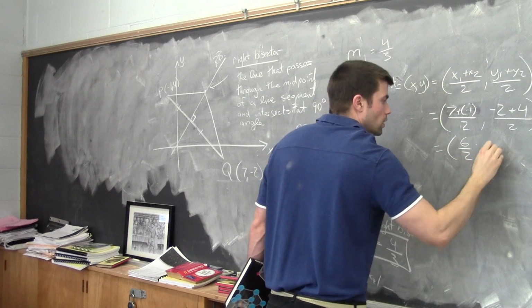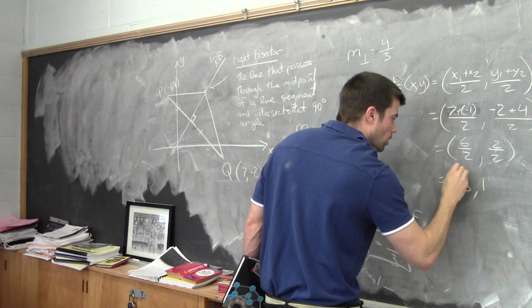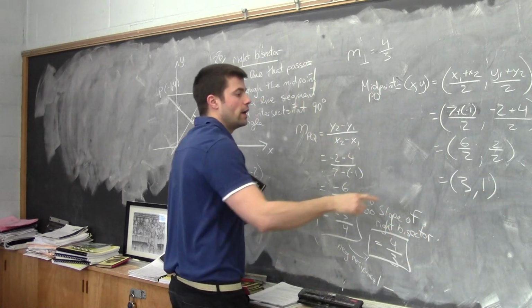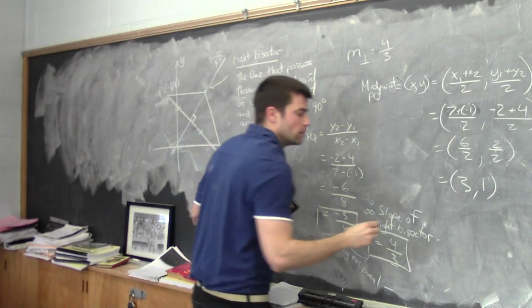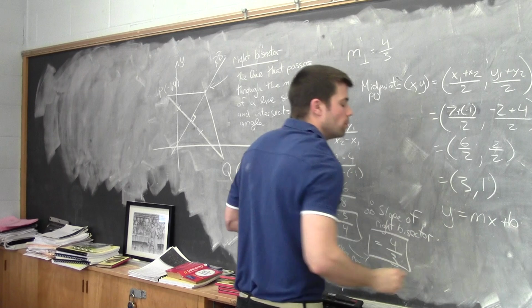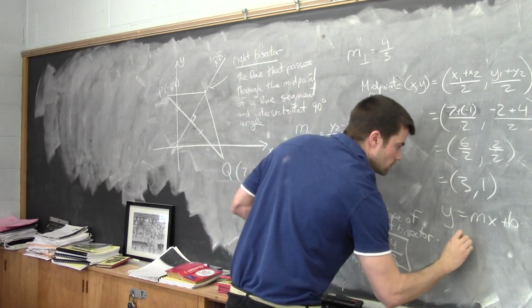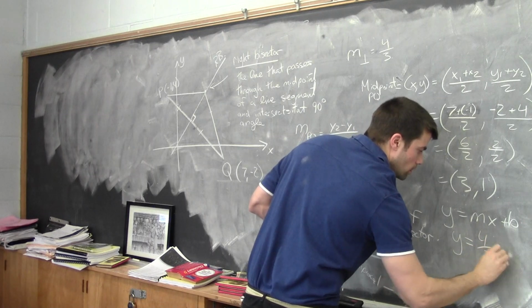x over 2 and 2 over 2. So our midpoint is (3, 1). Now I have a point on the line. I also have the slope. I can now calculate my formula for that line because I know my equation of a line looks like this. Sub in my slope, which is 4/3.